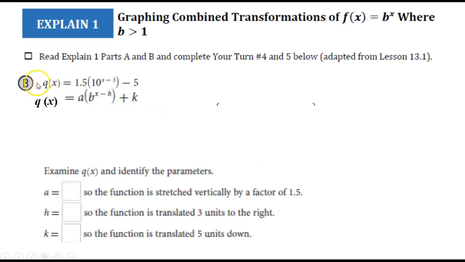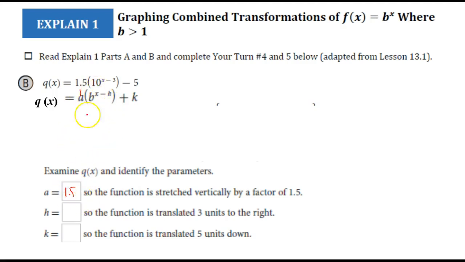So here we're given q of x equals 1.5 times 10 to the x minus 3, minus 5. Alright, so what we're going to do first is identify our a value, which is 1.5.